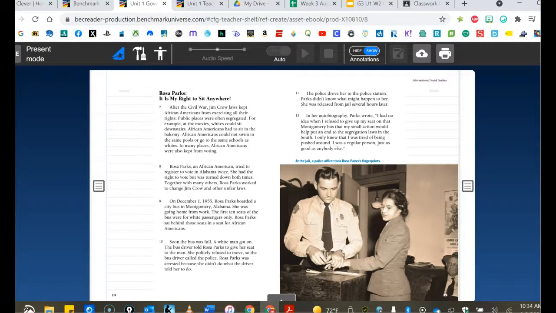She was released from jail several hours later. In her autobiography, Parks wrote, "I had no idea when I refused to give up my seat on that Montgomery bus that my small action would help put an end to the segregation laws in the South. I only knew that I was tired of being pushed around. I was a regular person, just as good as anybody else."